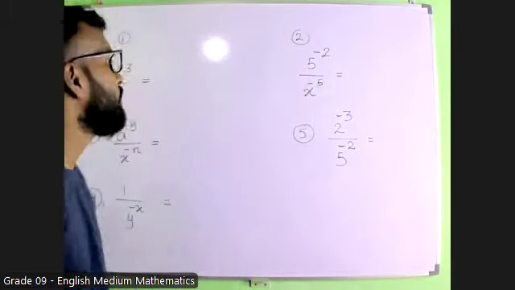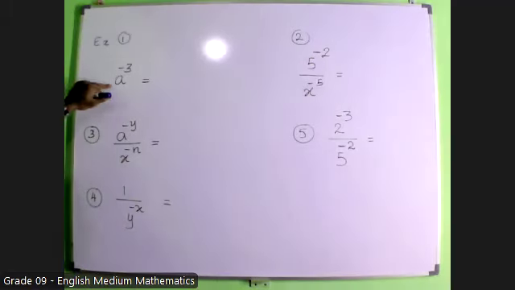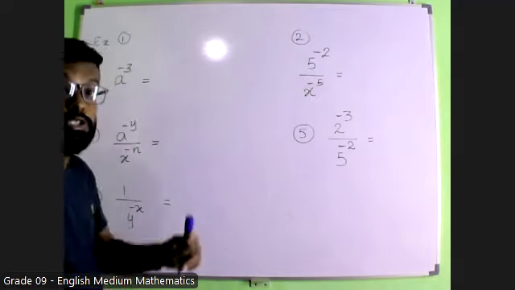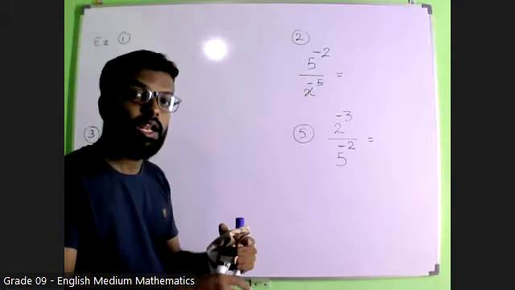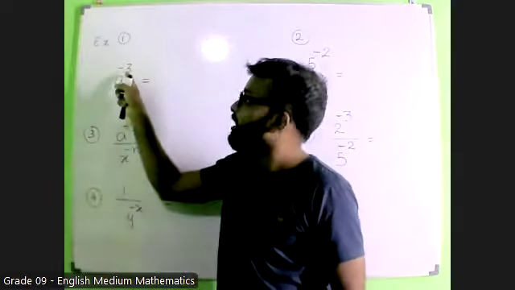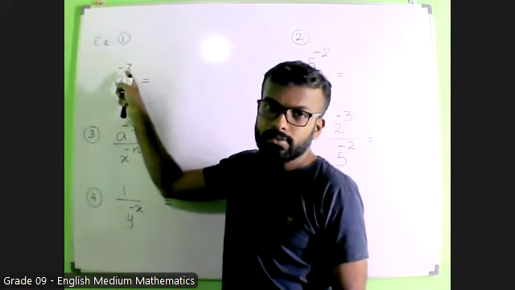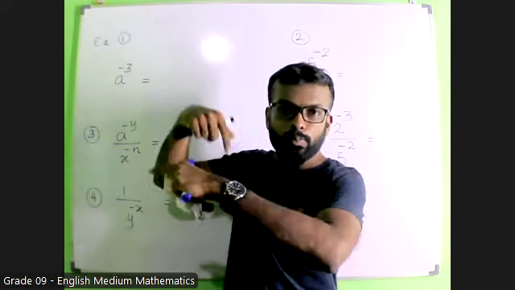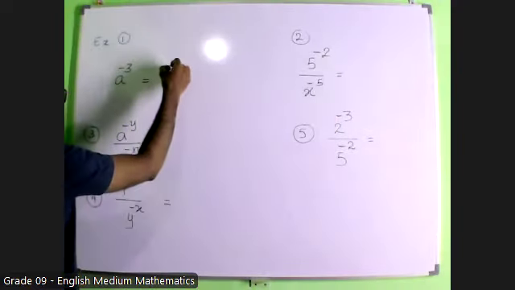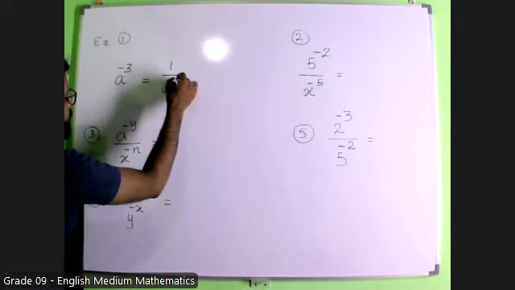Here, a to the power negative 3. So this is a negative power, right? You are going to convert this into a positive power. Just get the reciprocal and change the sign, because the sign of this is negative, and if you get the reciprocal, it becomes automatically positive: 1 over a to the power 3.